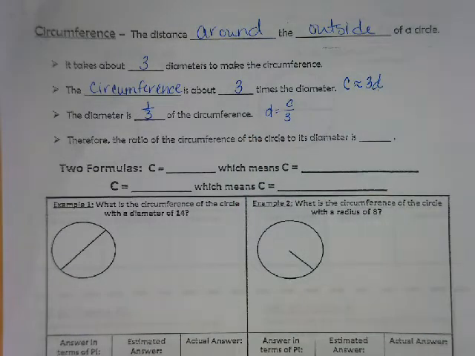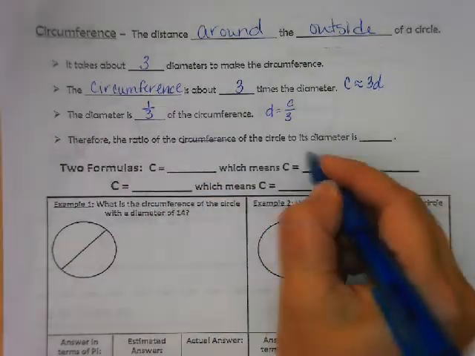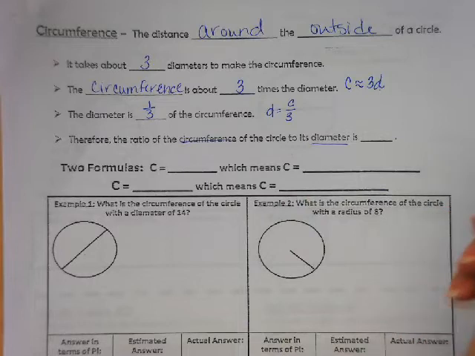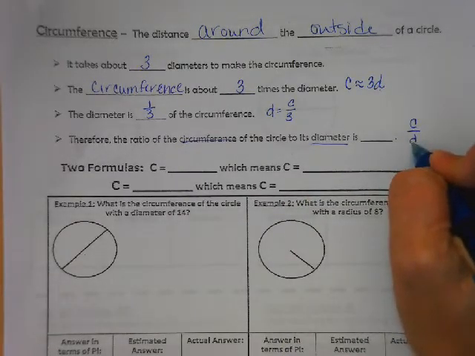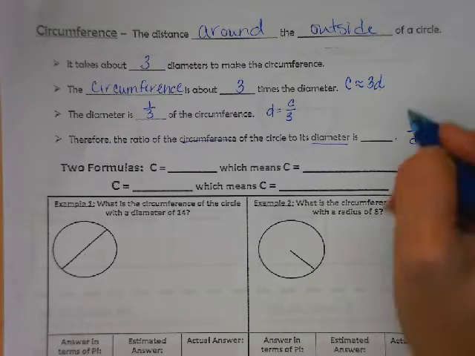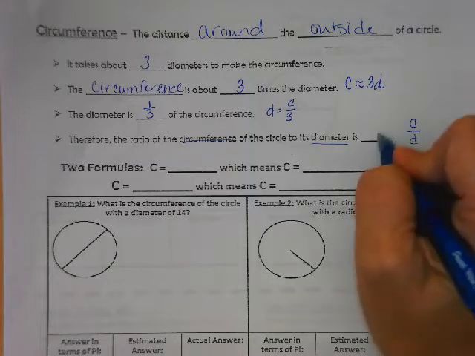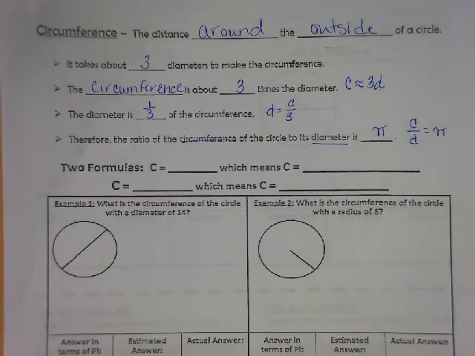Therefore, the ratio of the circumference to the diameter, so how would we write that? Remember, order matters, C over D, because circumference is written first, and ratio is a fraction. What did you learn about C over D? 3.14, also known as pi. So C over D equals pi.